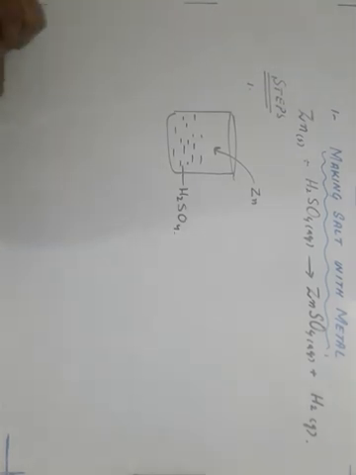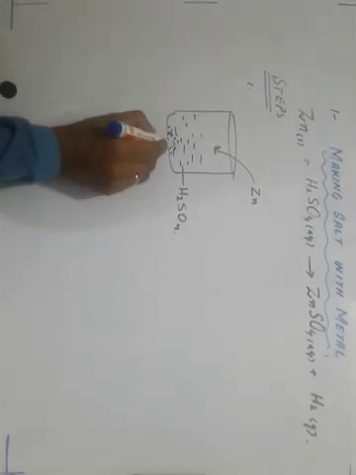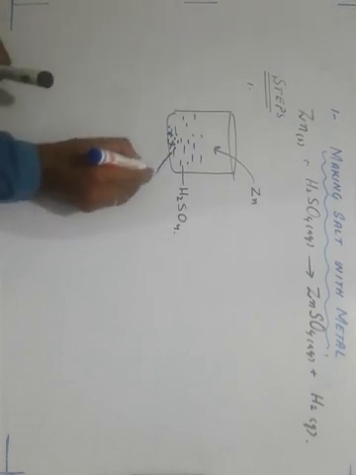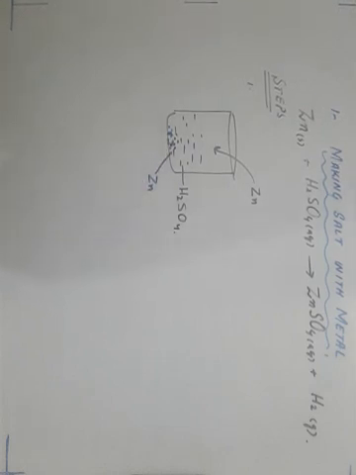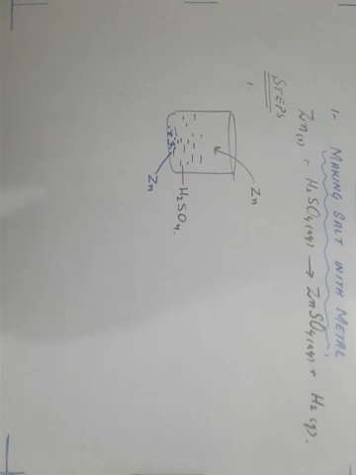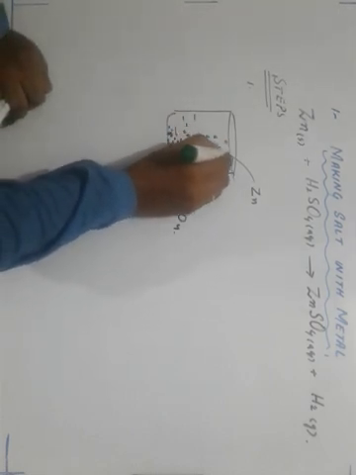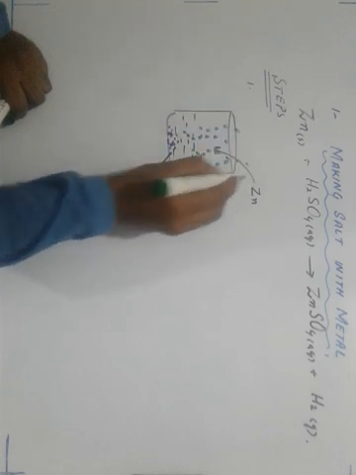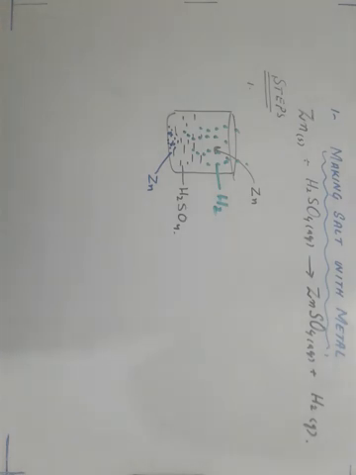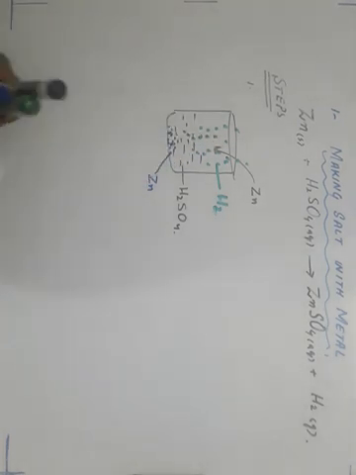When you add zinc in it, it starts dissolving, or reacting with this H2SO4, with the formation of bubbles of hydrogen gas. You will observe the bubble formation, which is basically H2. So it starts producing the bubbles of the hydrogen gas.